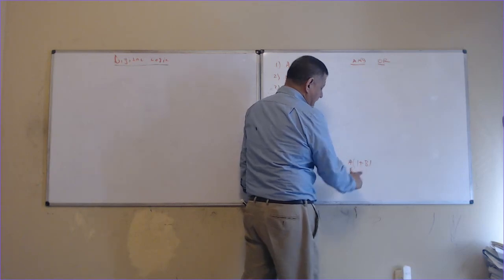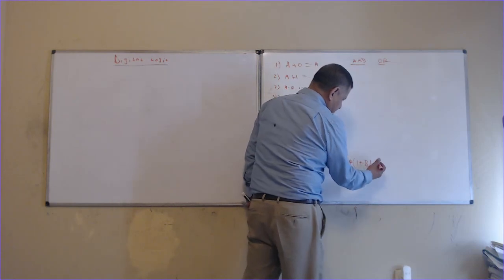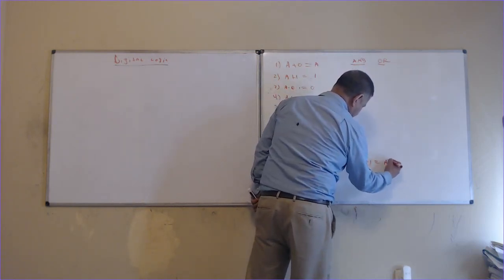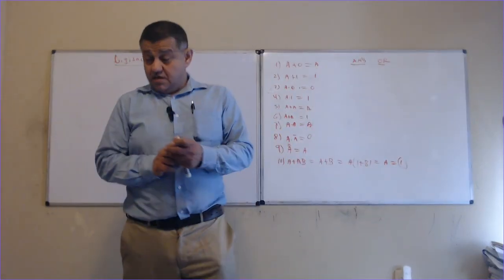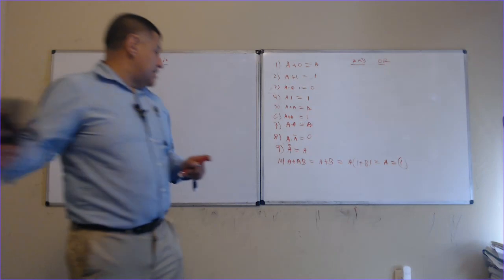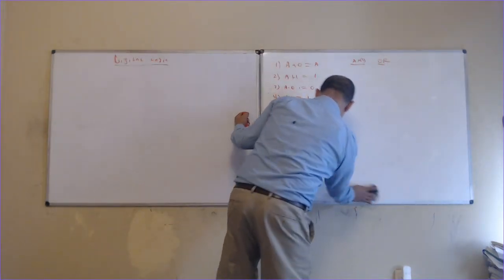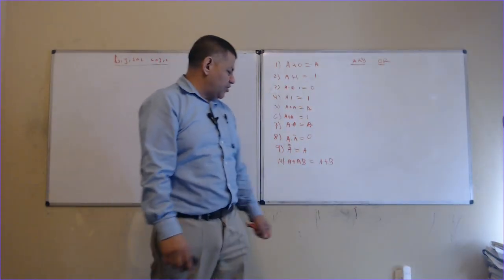If B is 0, I get the same thing, A. Whatever, it's going to be one of the two. That's because I can pull out A over there and I get 1 plus B inside.